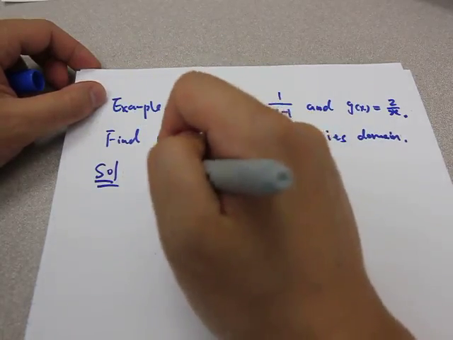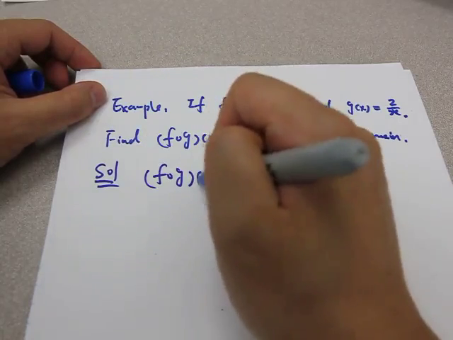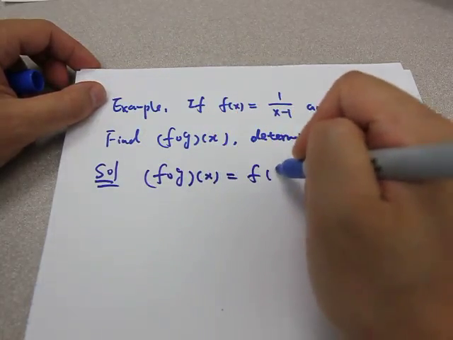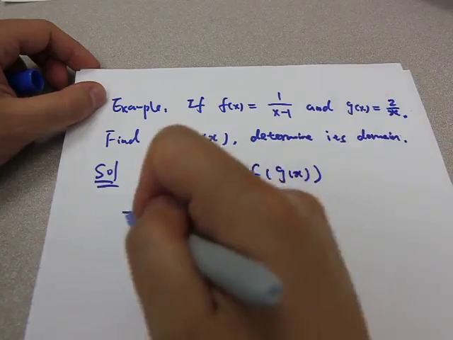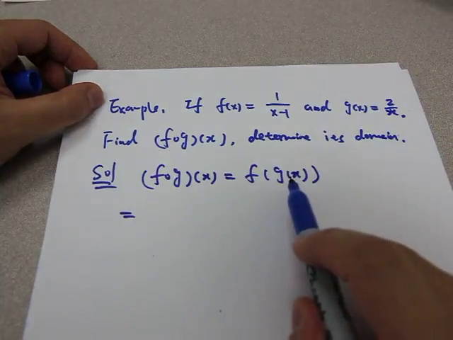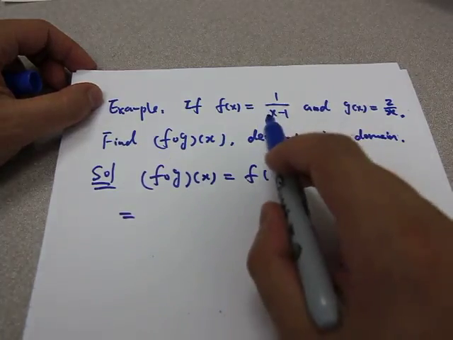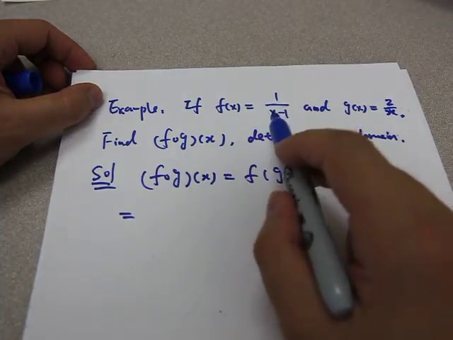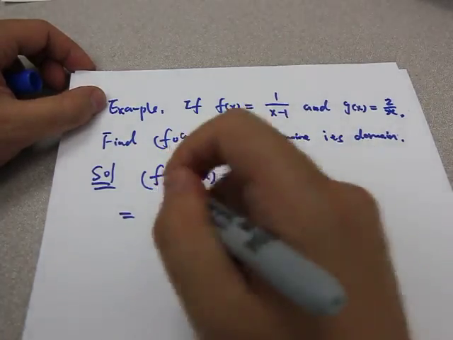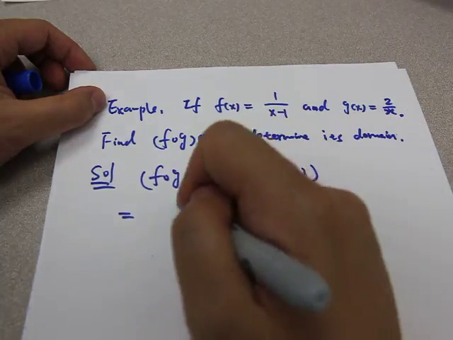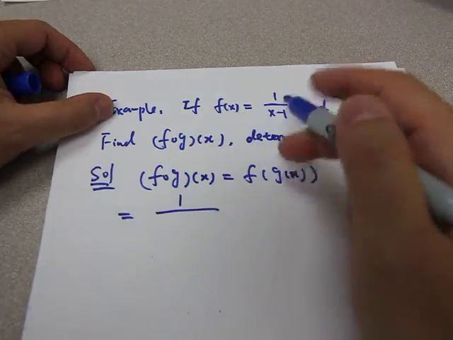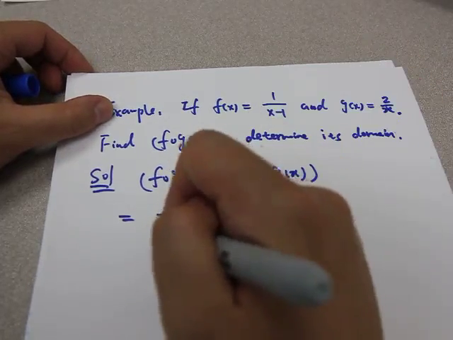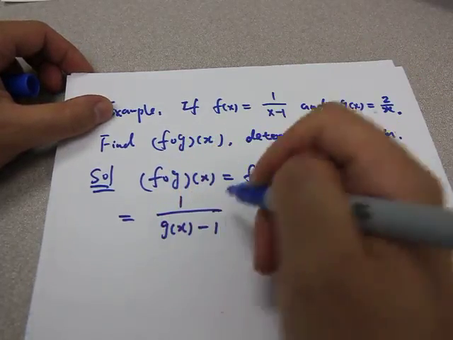So to find f of g(x), we're going to change the x in the function f(x) into g(x), so it will be 1 over g(x) minus 1.